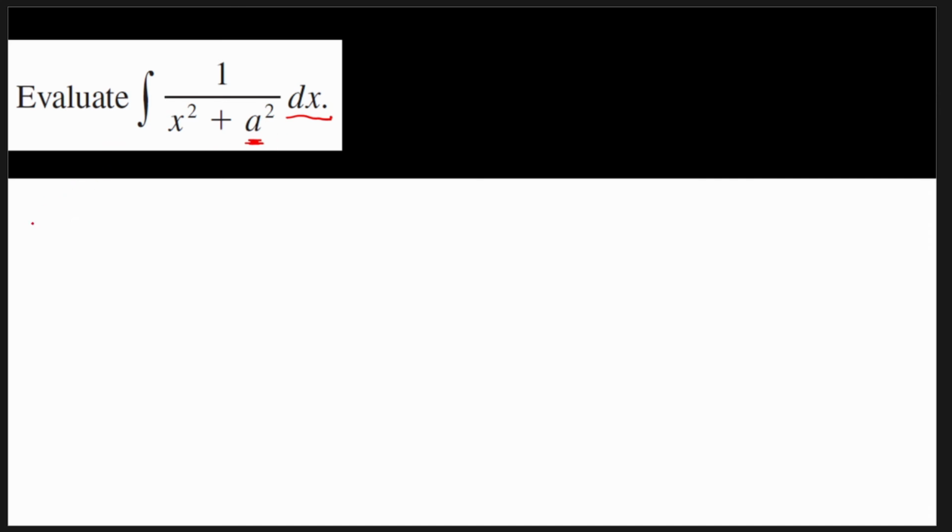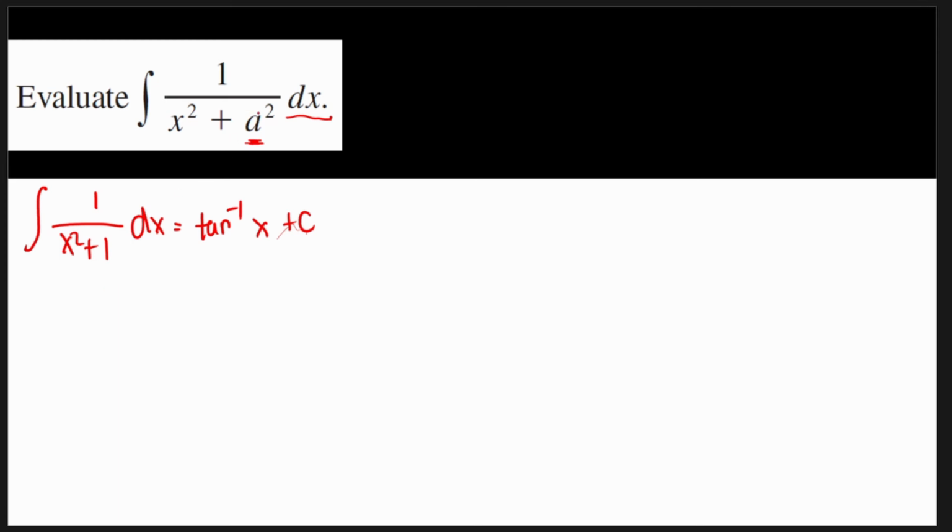So I think we should use the integration formula for tangent, which is 1 all over x squared plus 1 dx equal to arctangent of x plus c. So what will happen now here?